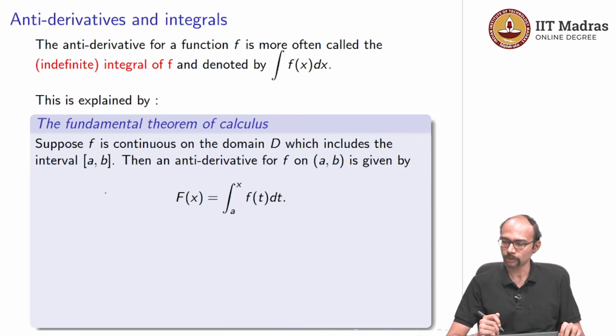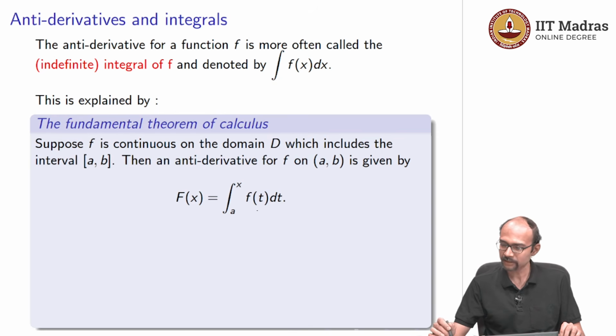Suppose f is continuous on the domain D, which includes the interval a comma b, then an antiderivative for f on a comma b is given by this function: capital F of x is the integral from a to x of f of t dt. Just as a remark, since I am using capital F of x, I want to express my variable here as x, and the x appears in my integral as the upper limit.